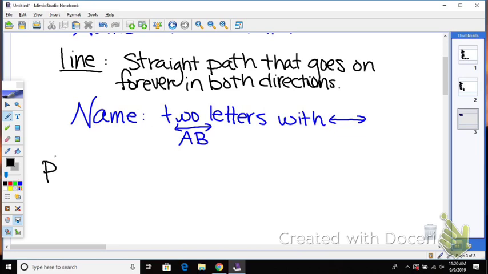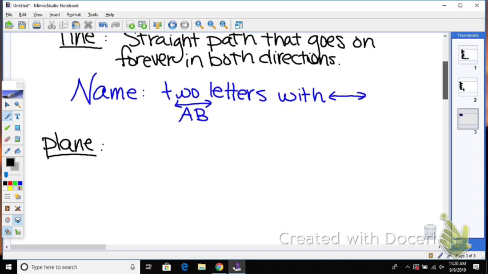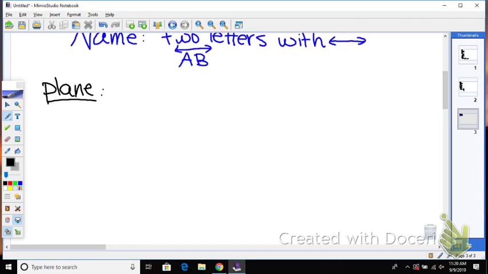Okay, next one we're going to talk about is a plane. It's not an airplane. A plane is a flat surface. So this piece of paper right here is a plane.